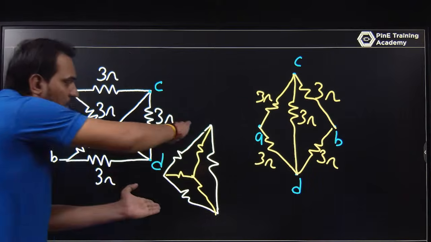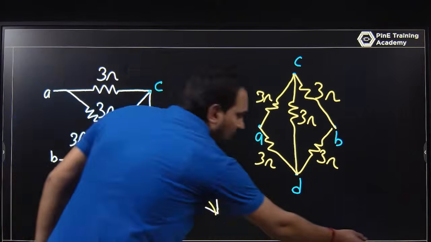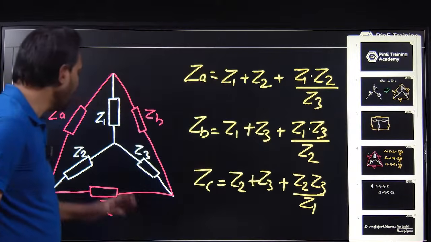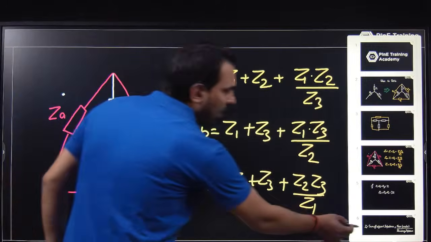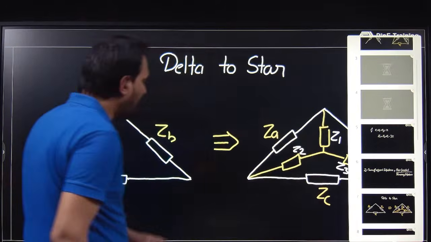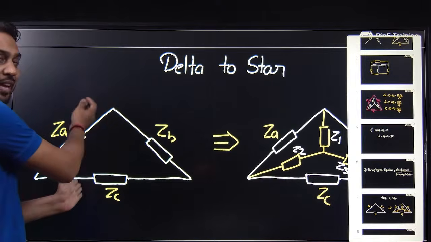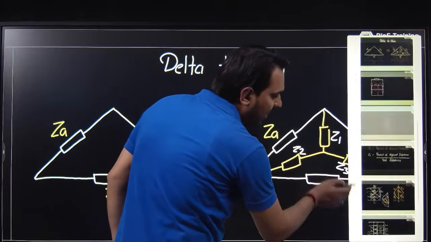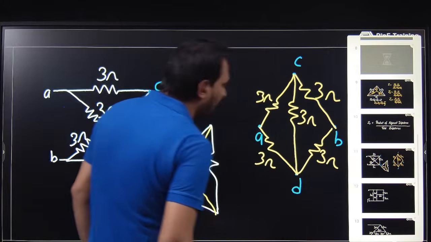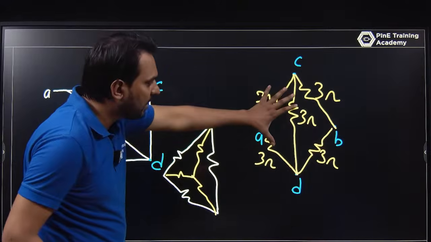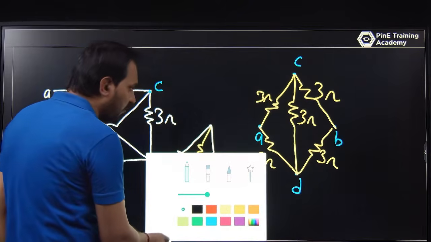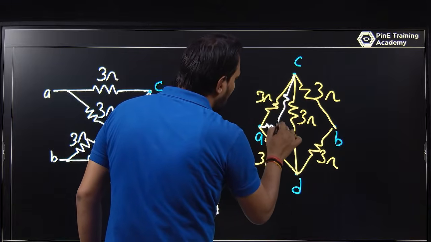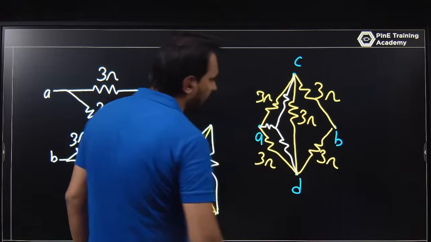Delta to star. You can find it. Okay, this is the method. You have a delta that will be like this. You just convert it into a star. By the conversion, okay, this is delta. I can convert it into star form like this, like this, like this.